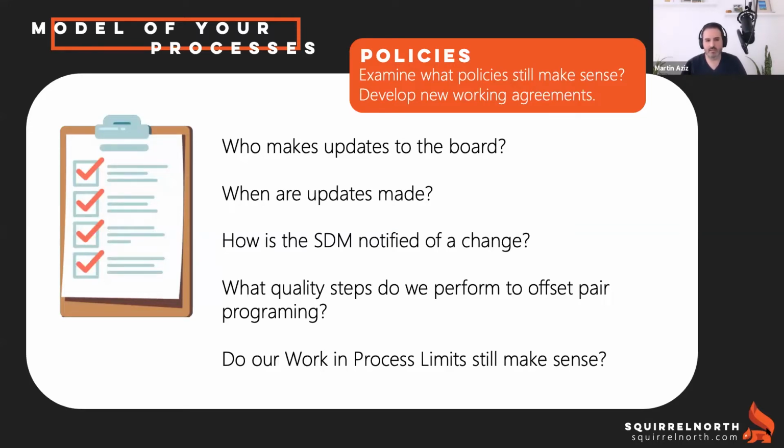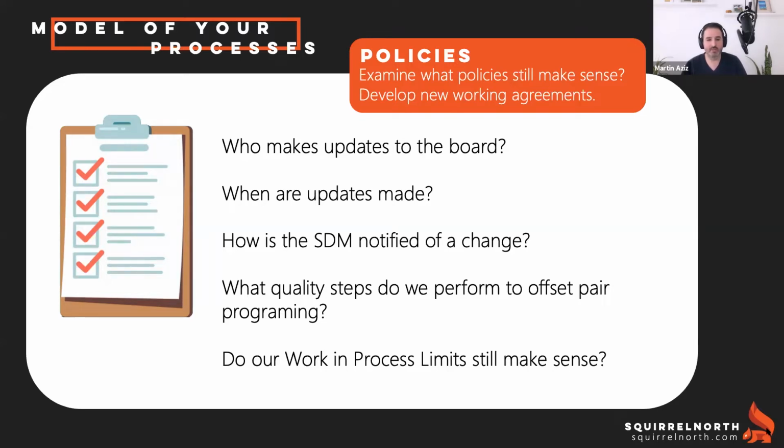How is the service delivery manager notified of a change? Perhaps it was done at the stand-up, and maybe now it's a real-time challenge, and it has to be done in real time in terms of notification of change to any kind of work item in your process. And perhaps you need to do some sort of automation of some of these steps. What quality steps do we perform to offset things that we have done that required co-location?